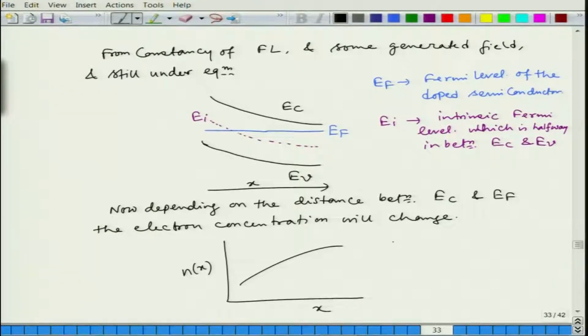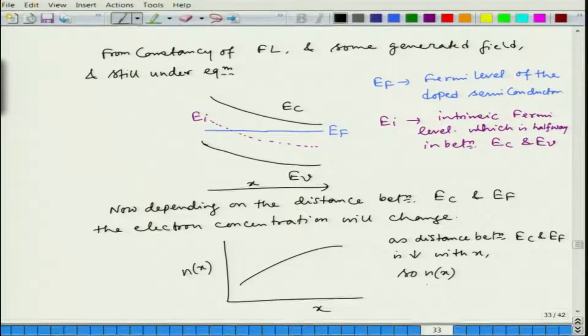So, as the distance between EC and EF is decreasing with x, the electron concentration will increase with x. Okay. So, this we have seen earlier, we are just making connection between these two.